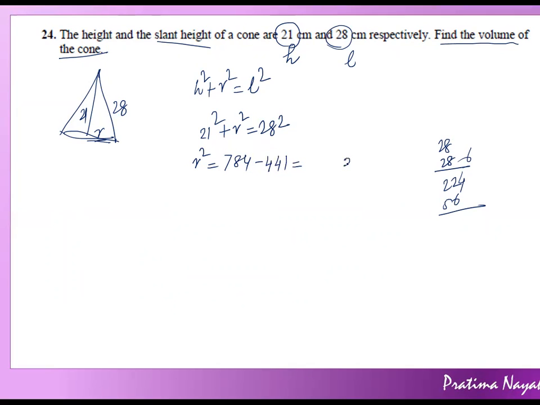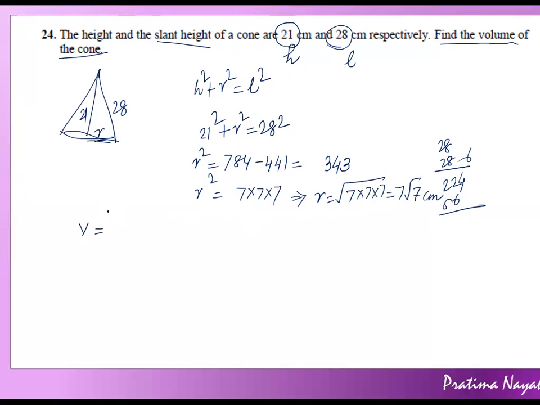It is 343. R square is 343. Then 343 is 7 into 7 into 7. So R is equal to the square root of 3 sevens. If we take the square root, it will be 7 and under root 7 centimeter.